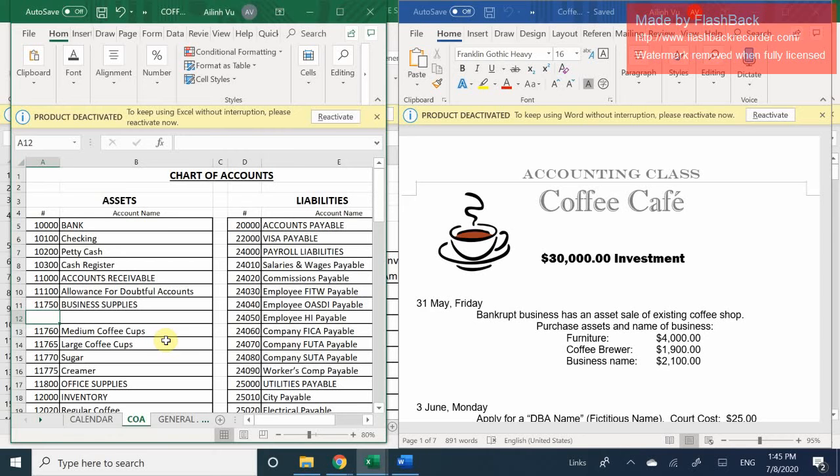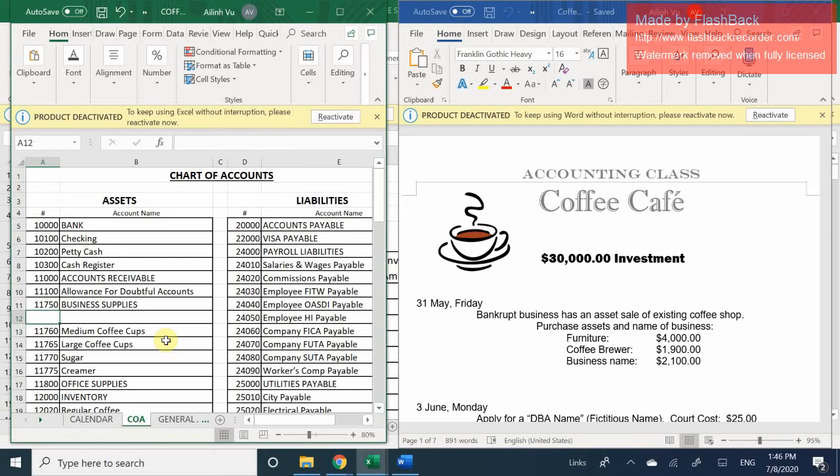For the purpose of this class, for week 1 and week 2, I'm going to groom you to be the bookkeeper, so you have to follow what I tell you. I'm the accountant. Once the second week is over and we move into week 3 and week 4 and do the adjustments, I'm going to pull the reins on you, and you're going to be the accountant while also being a bookkeeper.